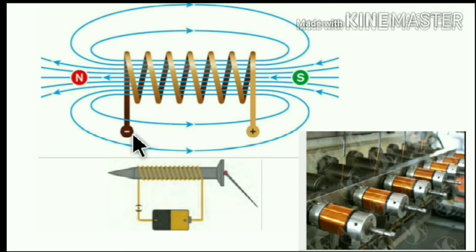The intensity of the current is strong and the duration of the current is also increased. Because of that, strong magnetism is produced in this rod, and artificial magnets are obtained by this method.